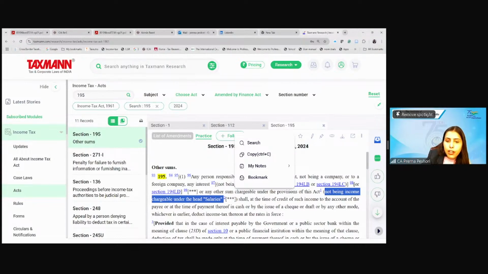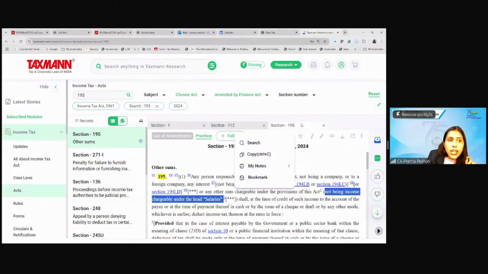So 195 does not cover salaries. If you recollect, even in the TDS class, we discussed that salaries are not covered under 195.